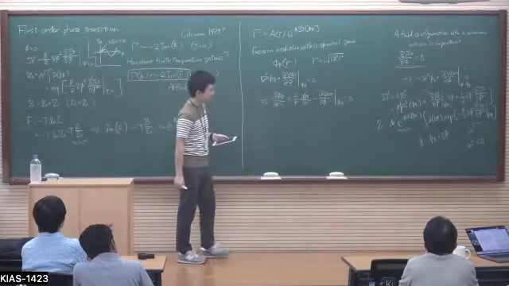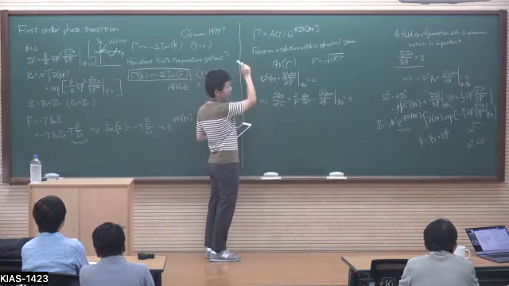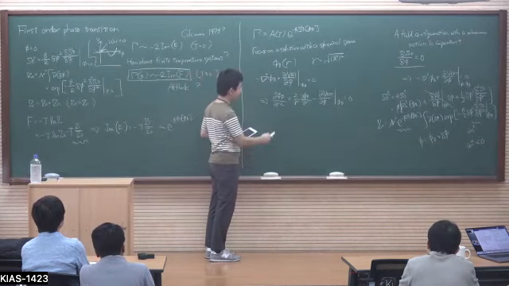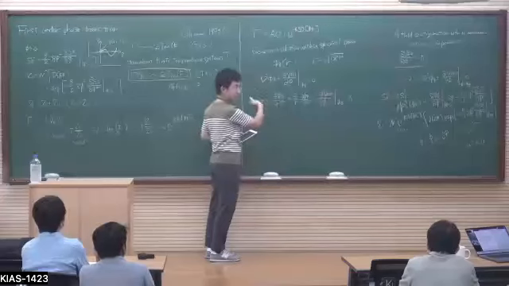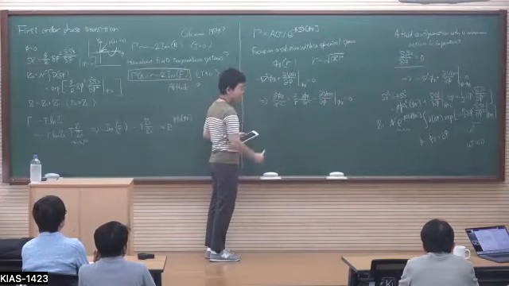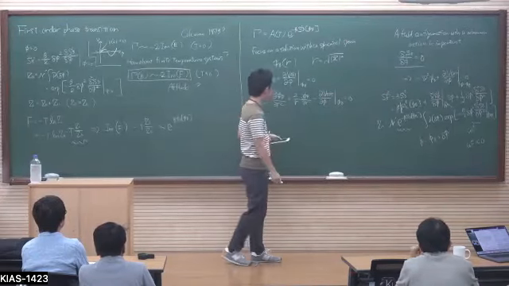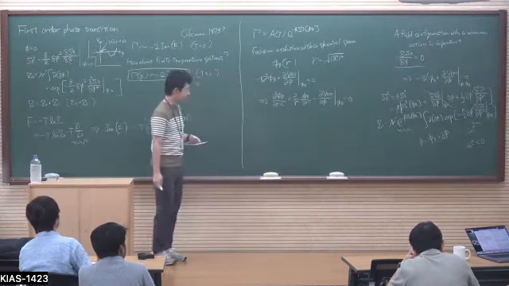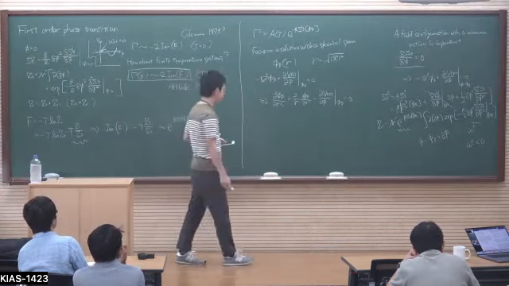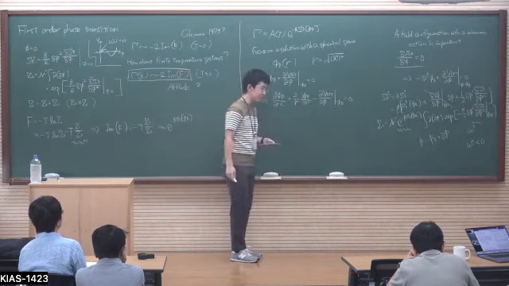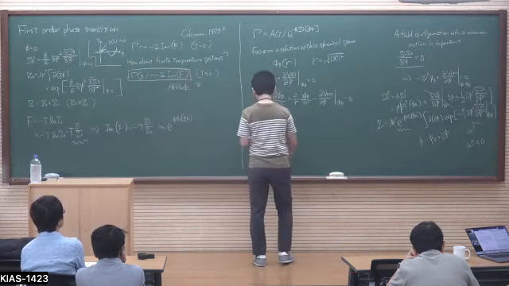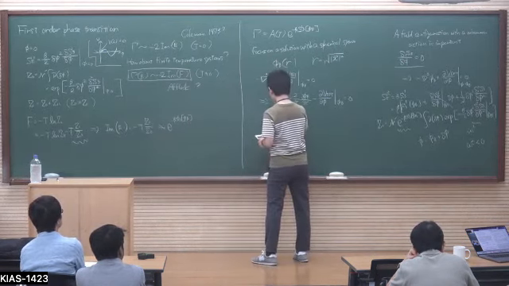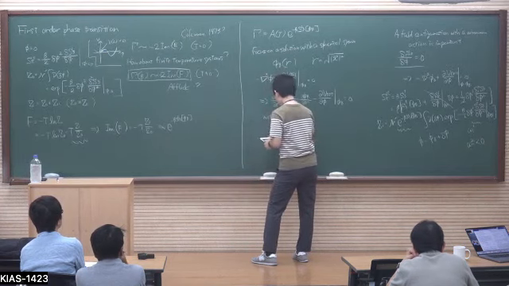So in order to evaluate the gamma, we just solve this field equation. But of course, we should take into account the boundary condition. And the boundary condition is given by this one.